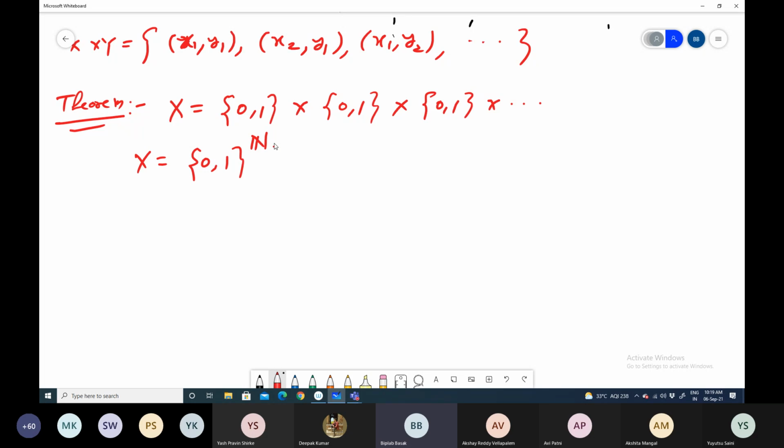Is this set countable or uncountable? What is your guess now?